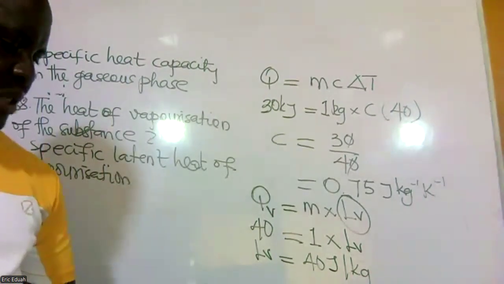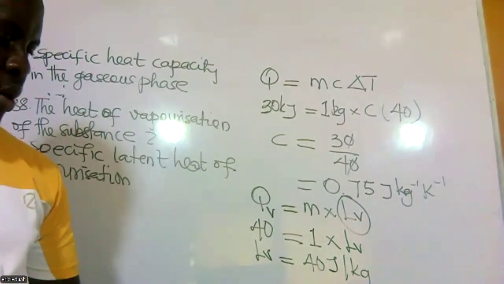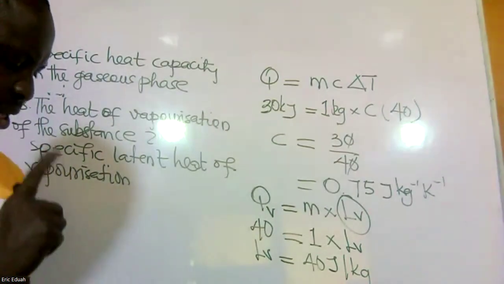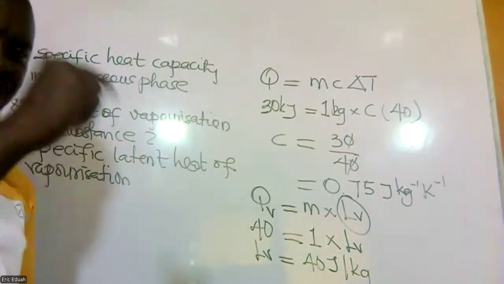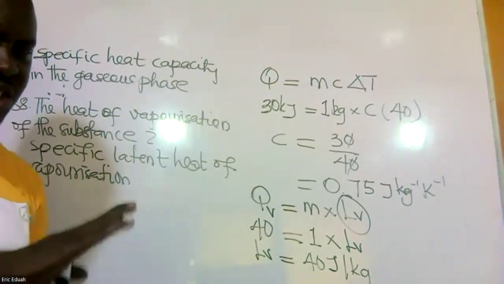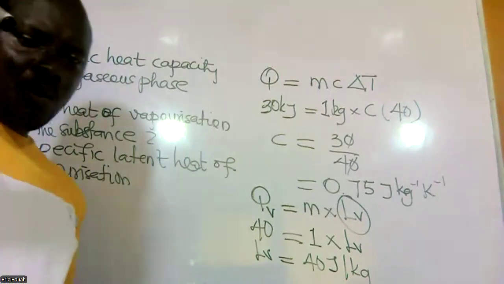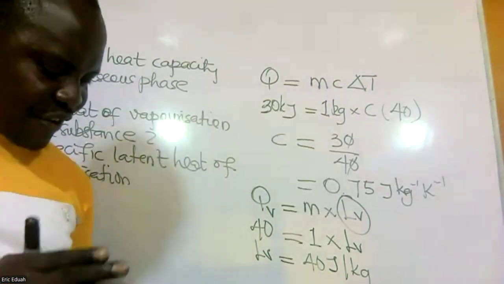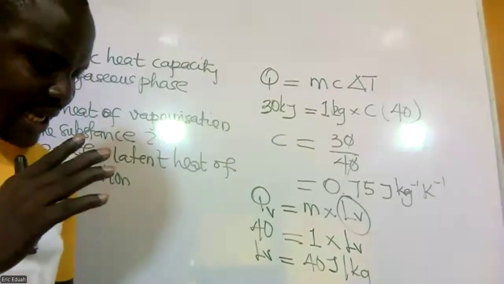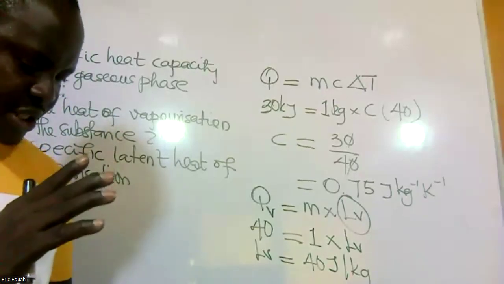88 is about the specific heat of vaporization. The foreign books call it heat of vaporization for short. We are calling it specific because it is about 1 kilogram mass, specific latent heat of vaporization.